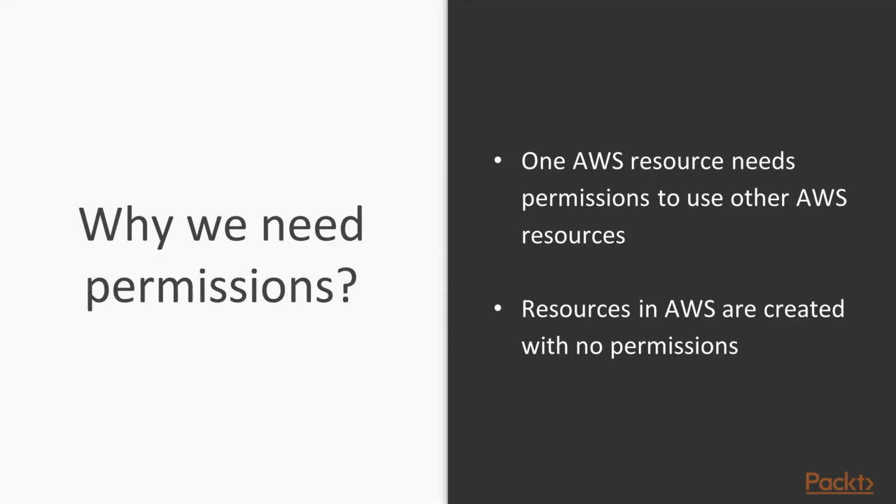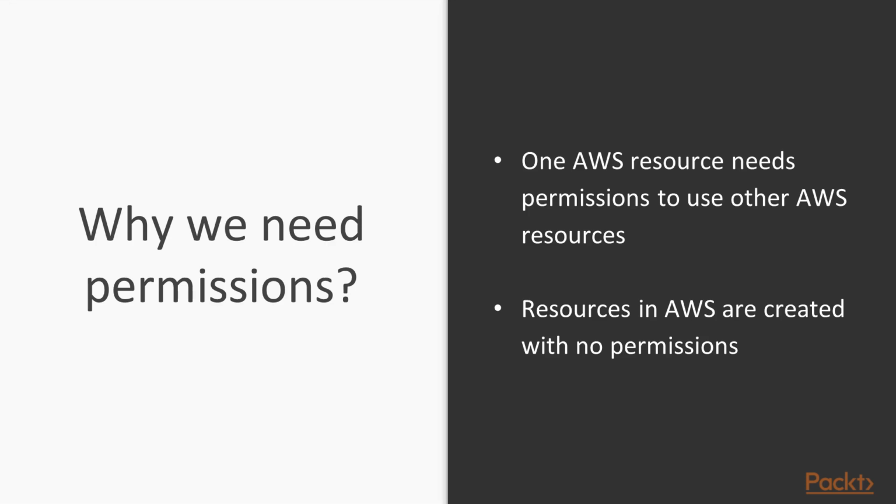The first question you might ask is why we need permissions. If we want to manipulate any AWS resource from an AWS Lambda, for example, from another resource, we need to give permissions to that Lambda, in this case, over that resource. Like in our case, we gave permissions to our Lambda to perform operations over the DynamoDB task table that we created.